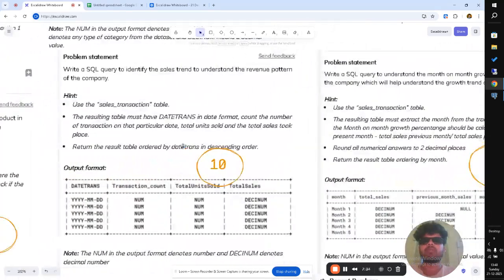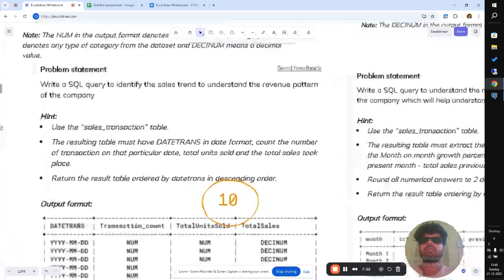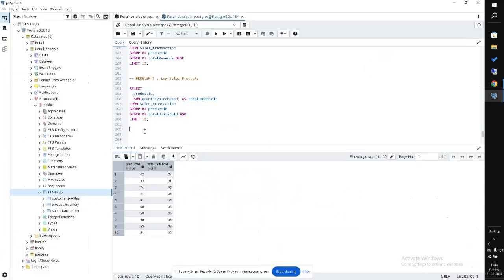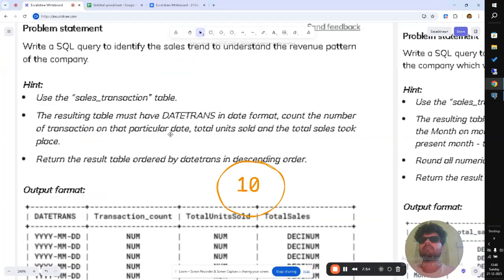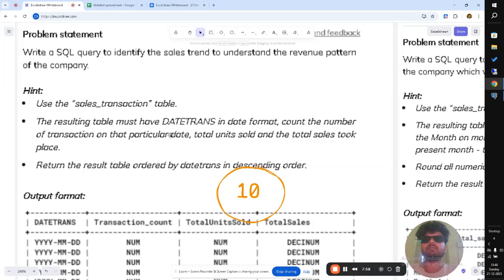This is question number 10. Identify the sales trend to understand the revenue pattern.